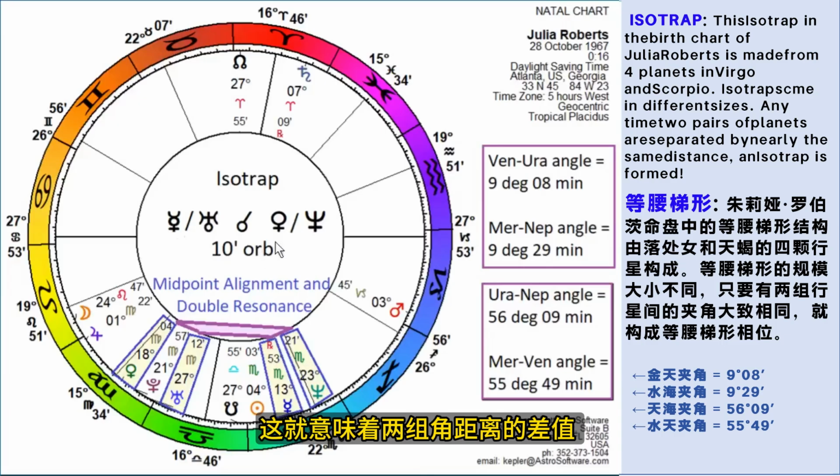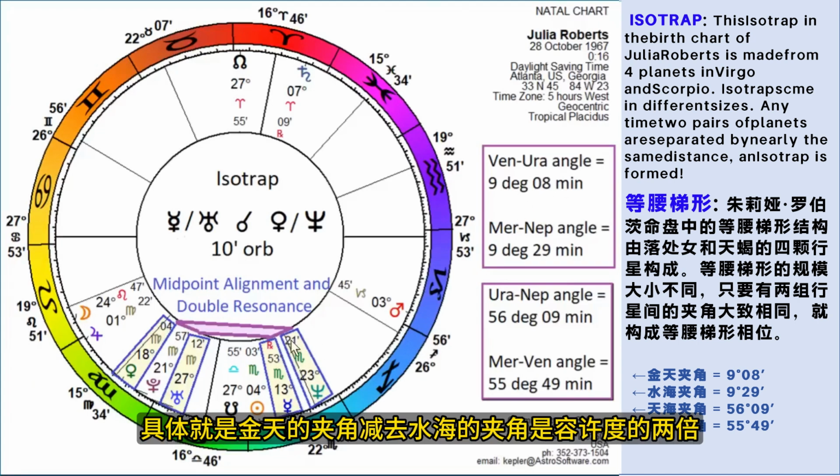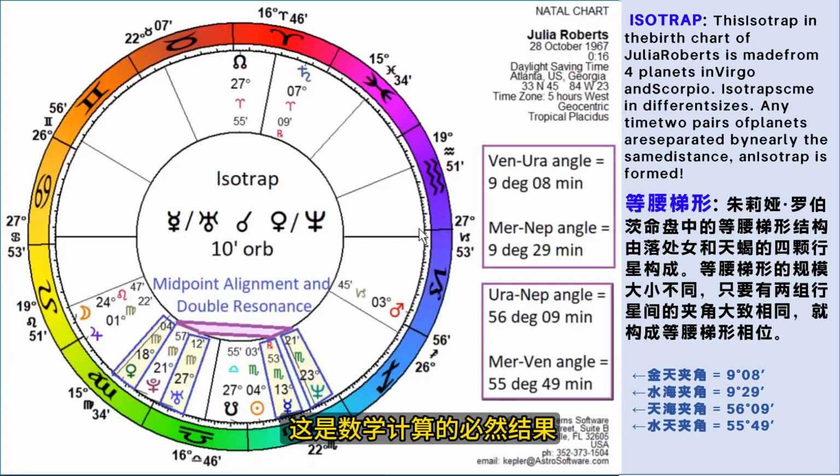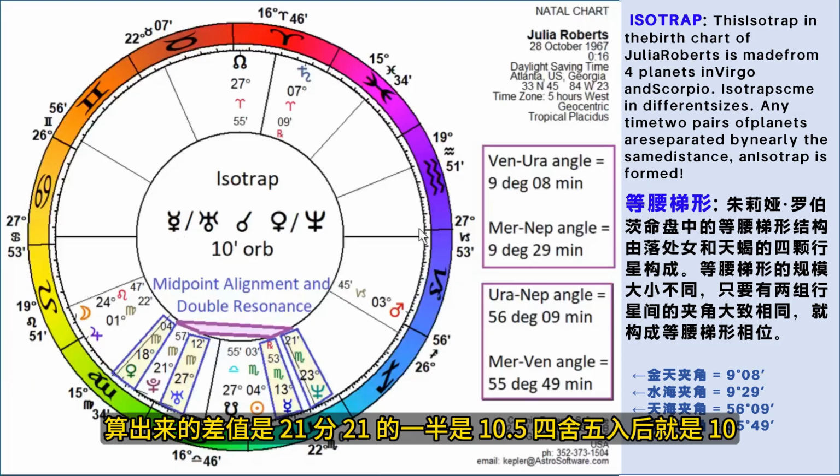That means the difference in the angular distances, the difference between the Venus-Uranus angle and the Mercury-Neptune angle, will be twice as much. It's the way the arithmetic works out. And it comes out to 21 minutes. So half of 21 would be 10 and a half, and it rounds off to 10.